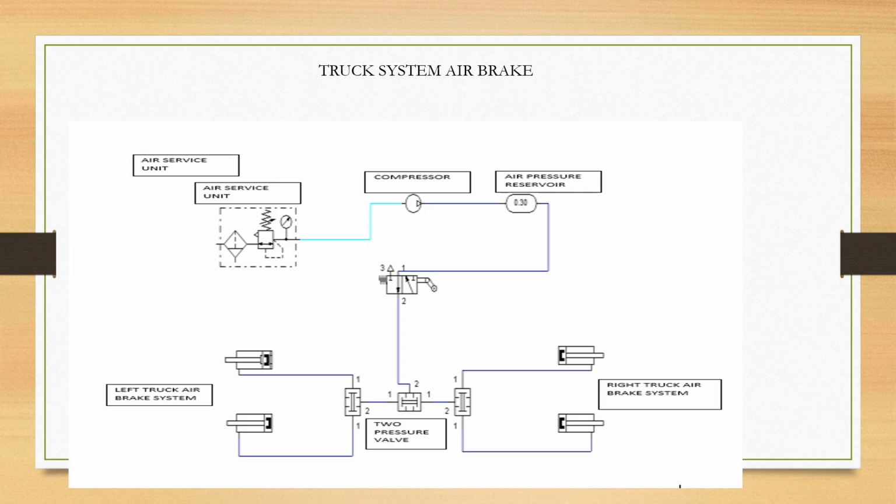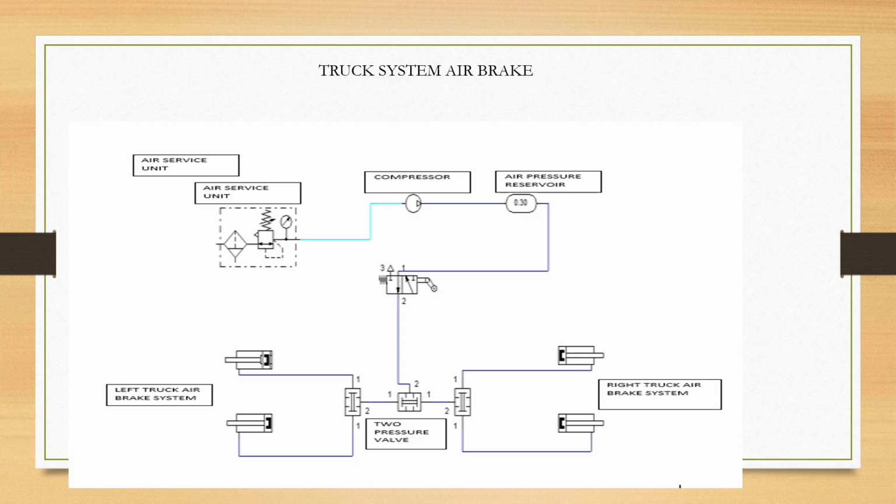And then the air will go through the air pressure reservoir, which acts as temporary storage and accommodates peak demand of the compressed air. For the truck system, on the left side is the left truck air brake system, and on the right side is the right truck air brake system.